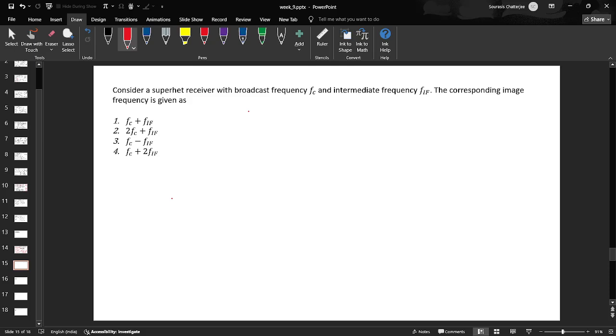Remember the structure here. Your modulated signal comes here with the carrier frequency, cos 2 pi fc t. You do the frequency mixing by a local oscillator, cos 2 pi (fc plus fIF) t. Since it's a superheterodyne receiver, the local oscillator frequency is the carrier frequency plus the intermediate frequency.